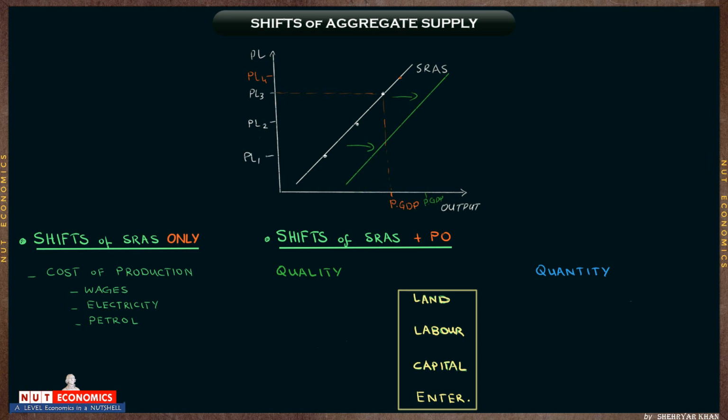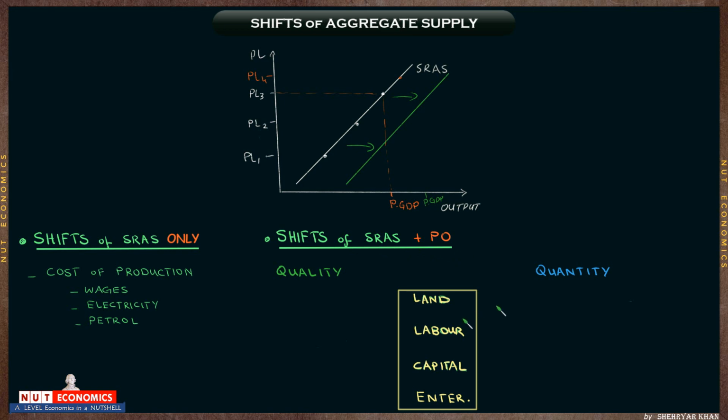Now, once you understand this basic logic, let me give you some of the common reasons how the quantity of these resources may change, and some common reasons why the quality of these resources may change and therefore shift the SRAS as well as the country's potential output.